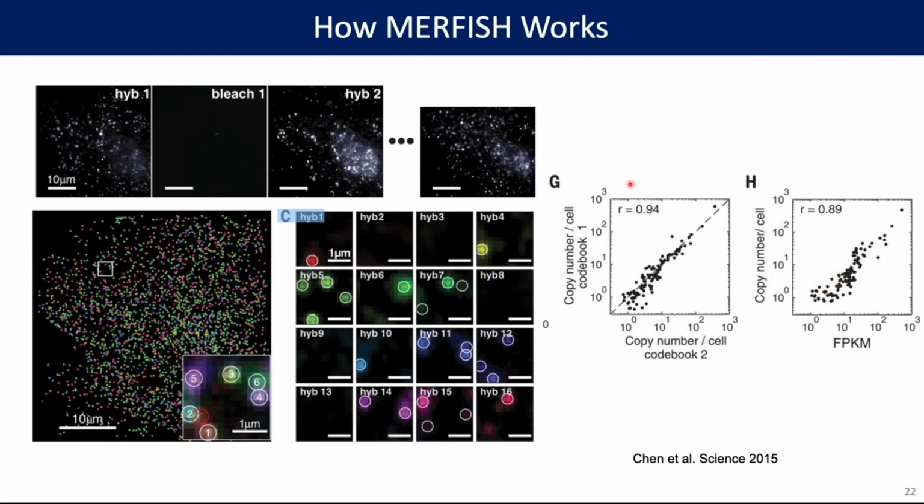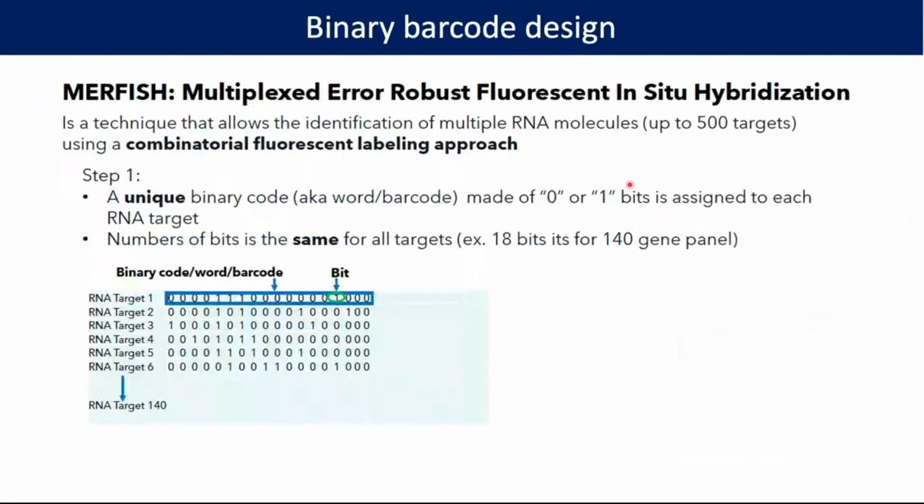And I want to go a little bit more into the barcode design because I think it's essential for MERFISH. So up front, if you design a panel for the MERFISH experiment, each RNA target has to have a unique binary barcode. This unique binary barcode is made up of zeros and ones, and then is assigned to an individual RNA target.